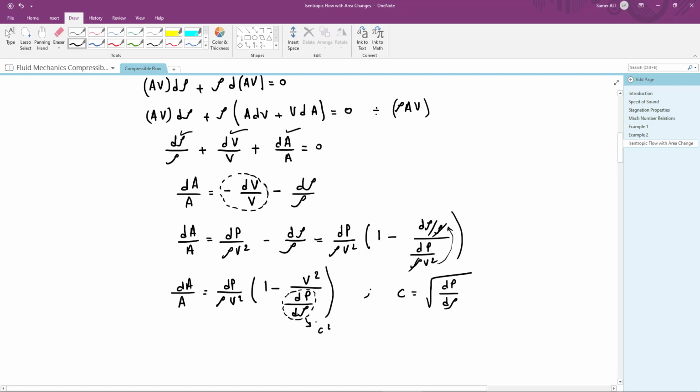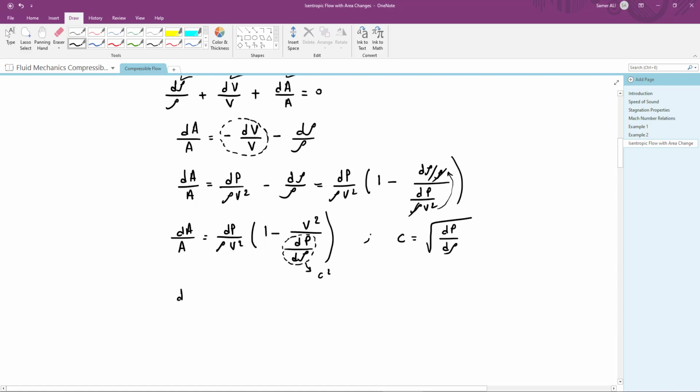So V square over c square is simply the Mach number squared. So we can write dA over A equal to dP over rho V square times 1 minus the Mach number squared. So this is a very important expression relating the change in the area dA with respect to the change in the pressure dP and the Mach number.